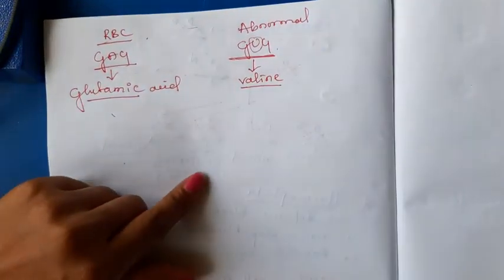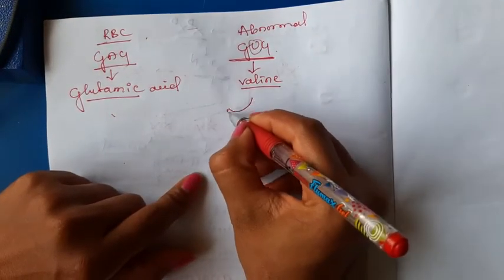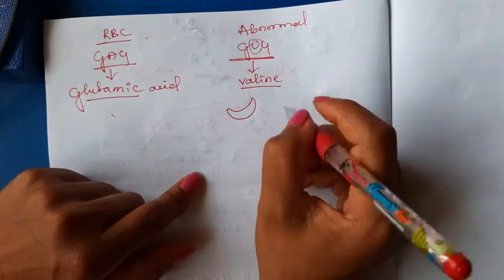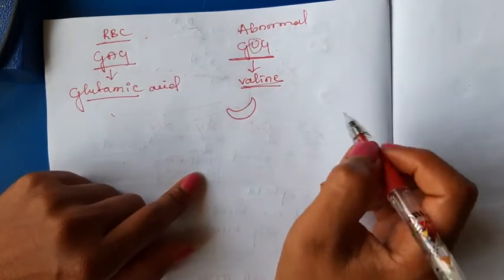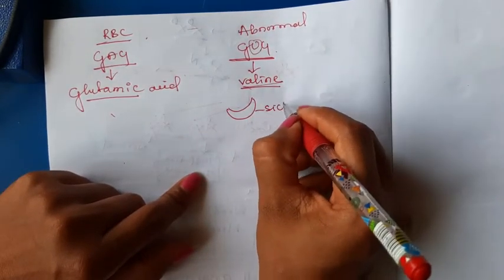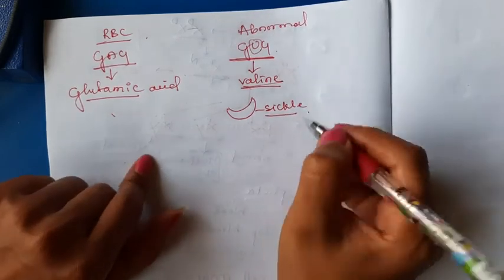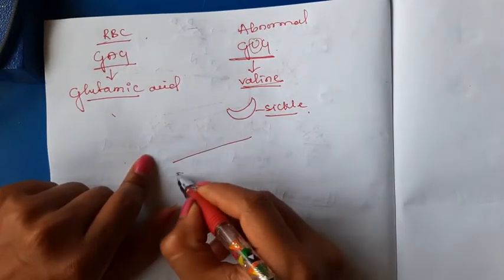The sickle shaped RBC is formed due to the presence of valine in the 6th position.